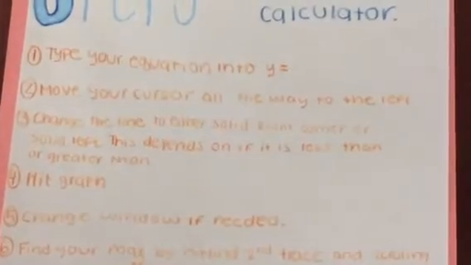This depends on if it is less than or greater than. Step 4, hit graph. Step 5, change window if needed. Step 6, find your max or min by hitting second trace, and then scroll to whichever is needed. Step 7, that will be your vertex. Step 8, if needed, find zeros by hitting second trace and going down to zero. Step 9, then graph and shade accordingly.